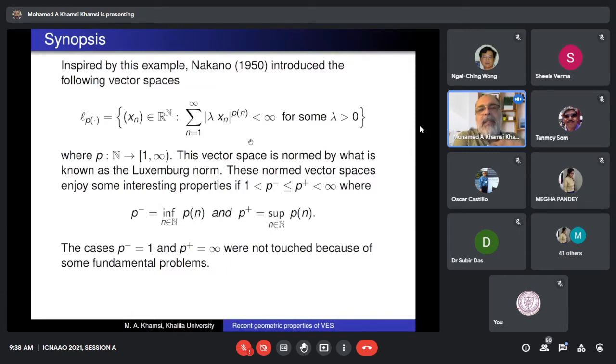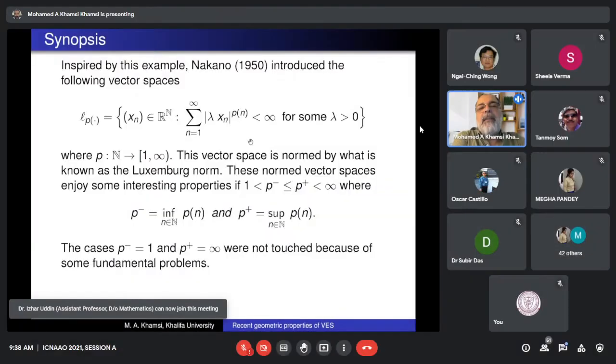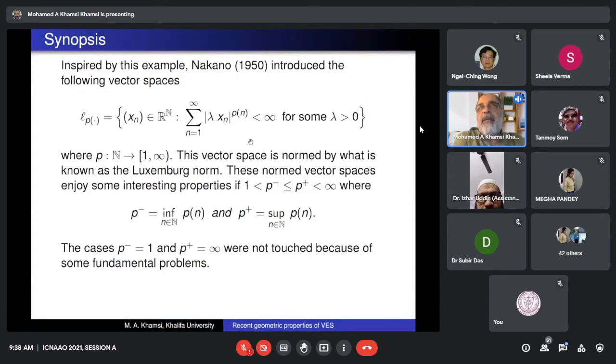It was known to Nakano and others, by the way, that as long as p_n is away from 1 and infinity, you inherit the same properties as the little l^p spaces. So what you want is for these two numbers, p minus, which is the infimum, and p plus, which is the supremum, to be away from 1 and infinity.